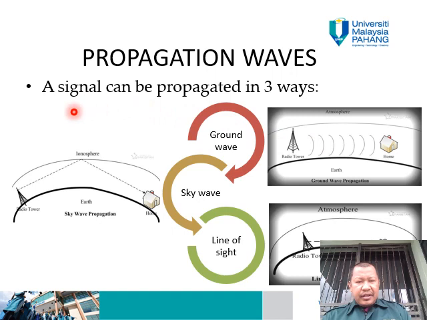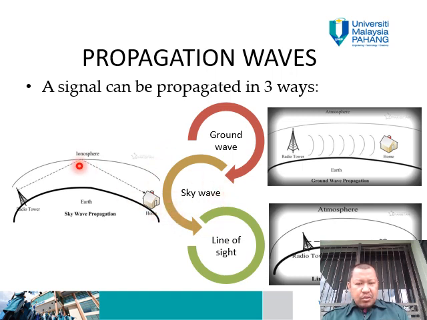Okay, this slide gives a rough figure of those three types of propagation wave. We can see from here, the ground wave is near the ground of the earth, propagating at the lower level of the atmosphere. The second one is sky wave.